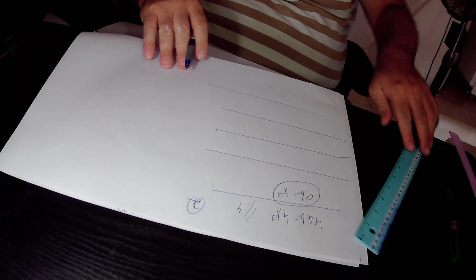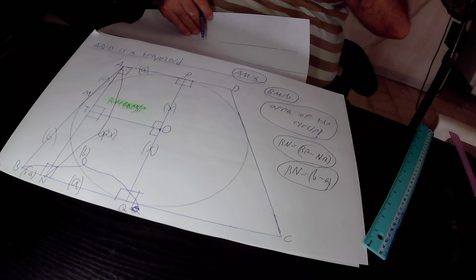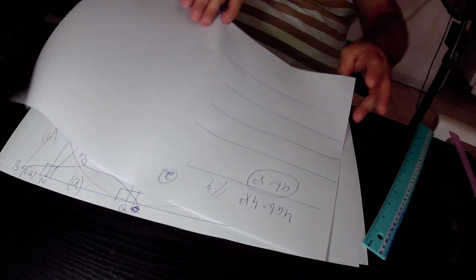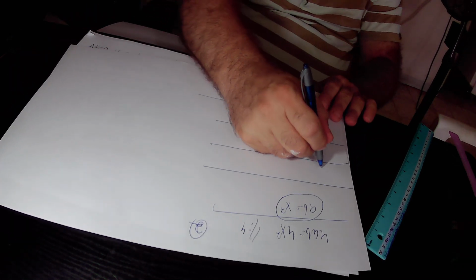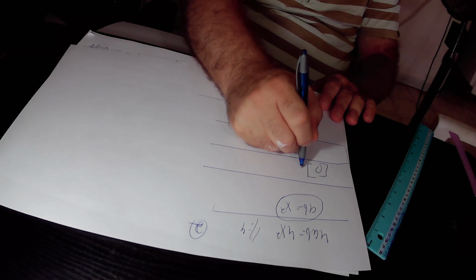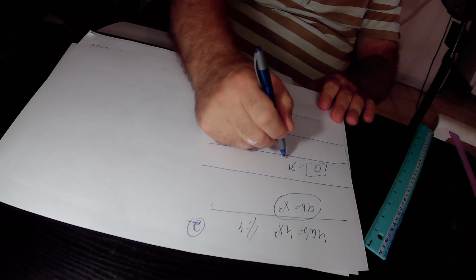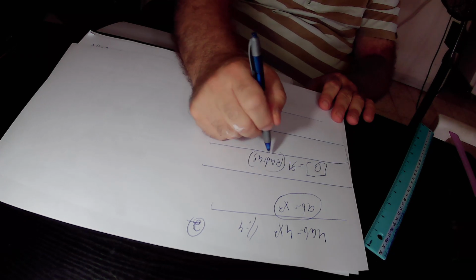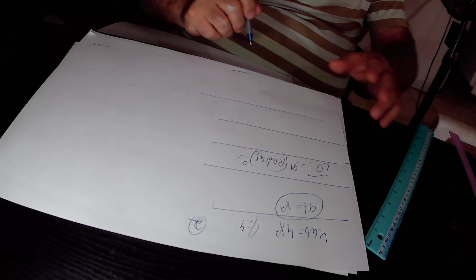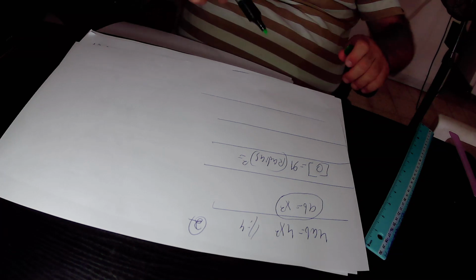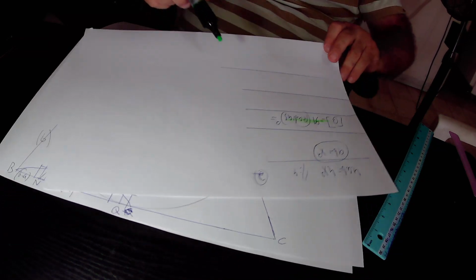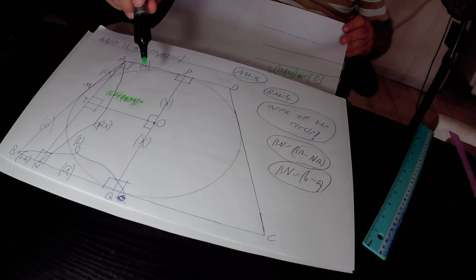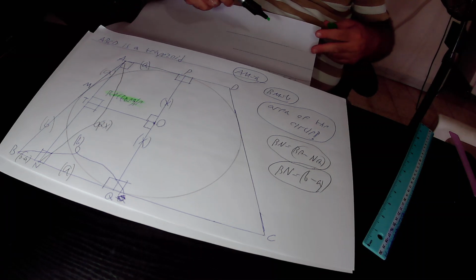Our mission is to find out the area of this circle. Actually, we know that the area of any circle is equal to pi times the radius of the circle squared. And therefore, the area of this circle must be equal to pi times the radius of this circle squared.